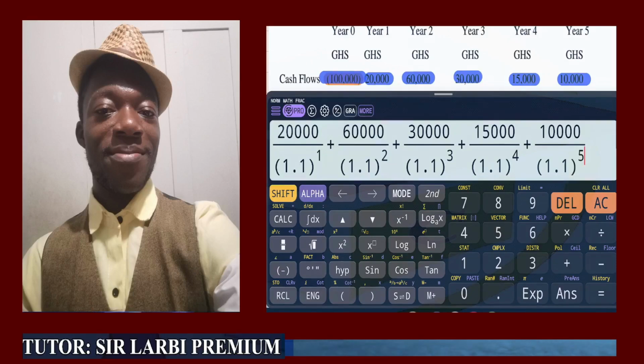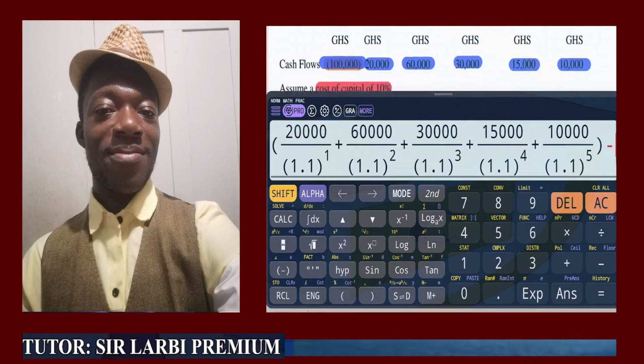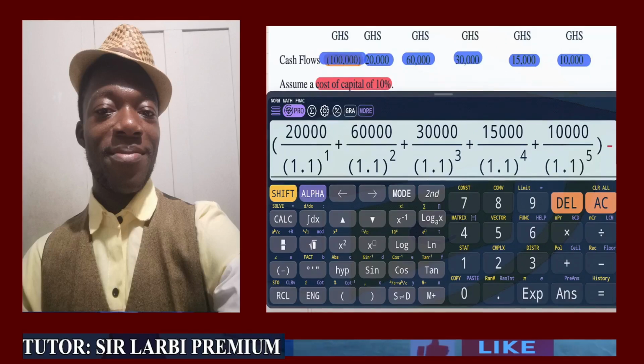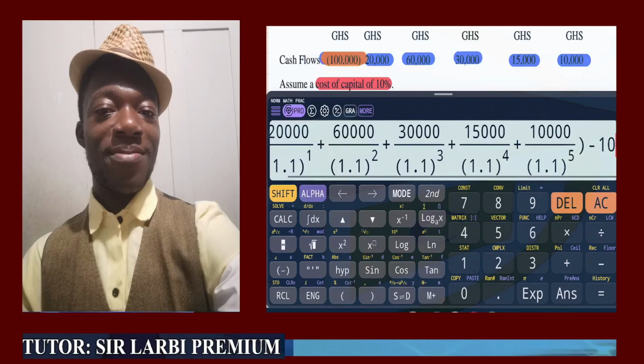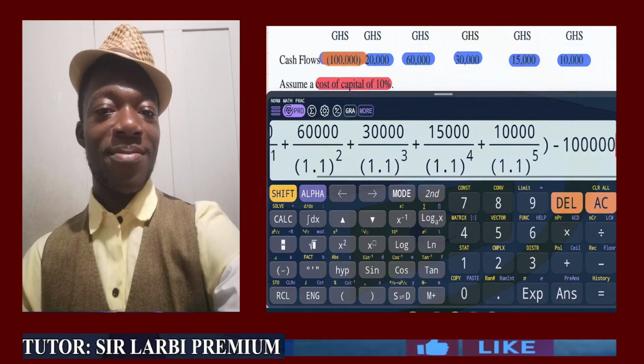Once we have this, we close the bracket, and then minus the initial investment, which was 100,000, that is, five zeros. For us to accept the investment, it is supposed to give us a positive NPV.